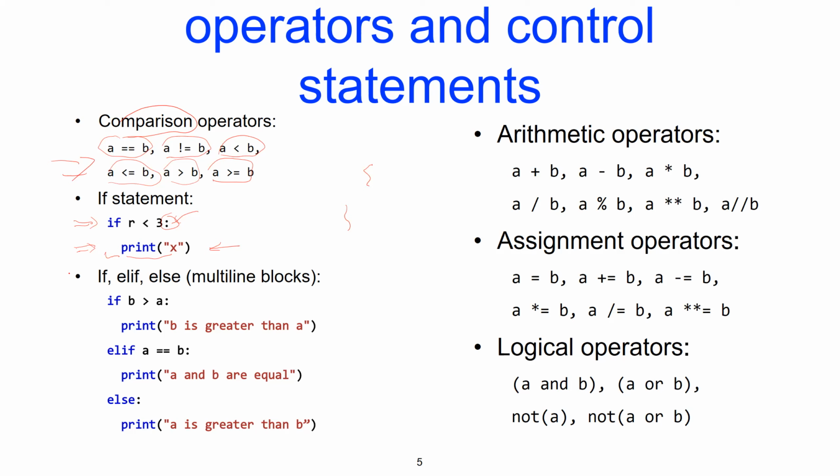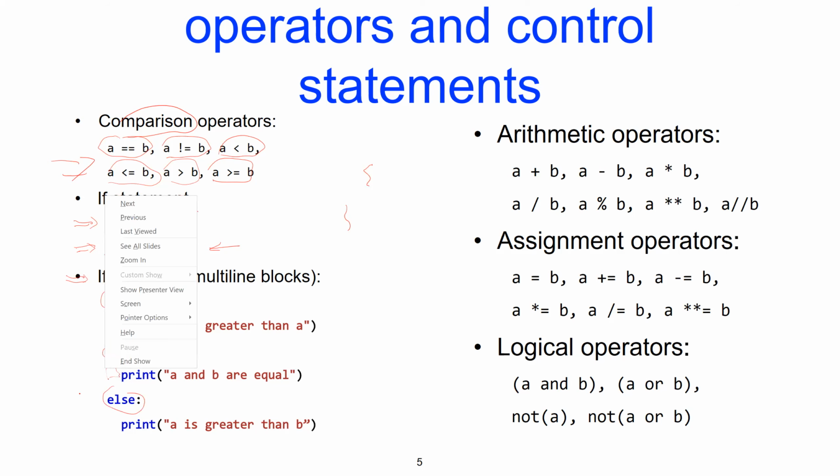Let's see another example. We have the keywords if, else if, else. Pay attention to the syntax: you will have these two dots here, then you have this white space.